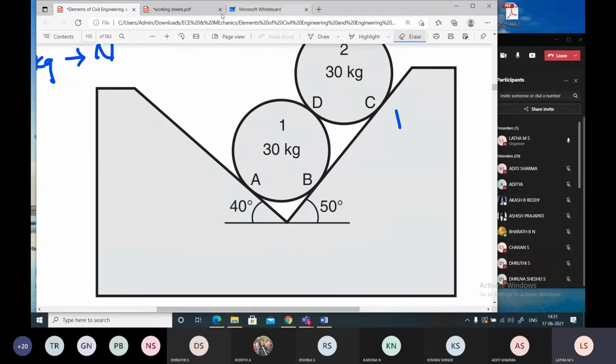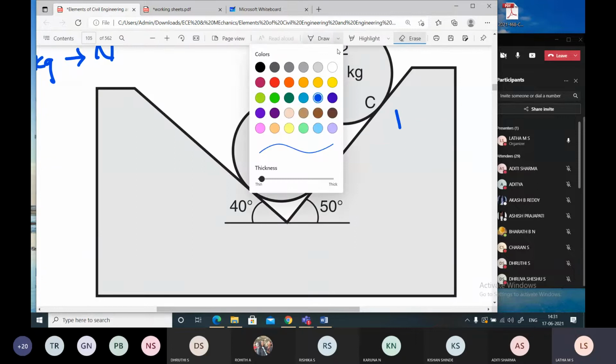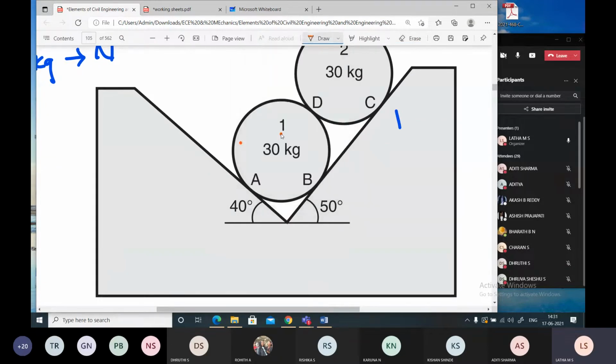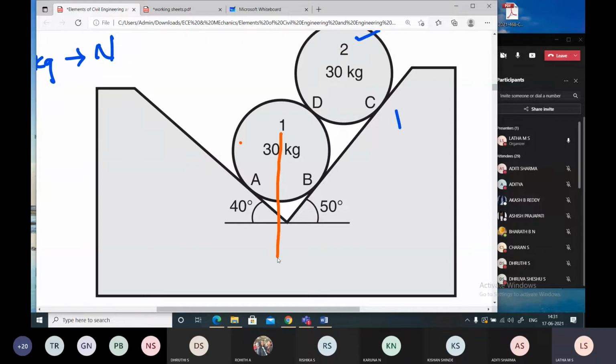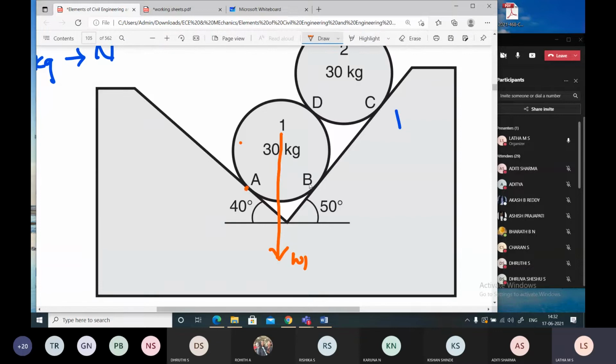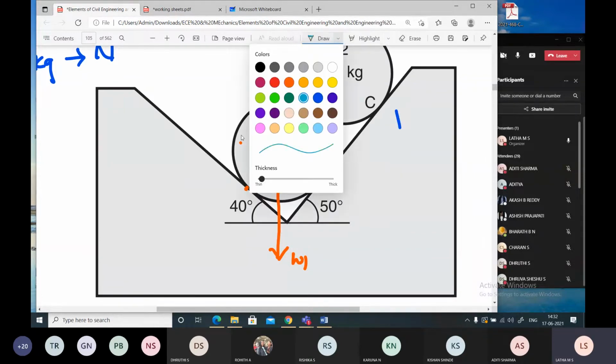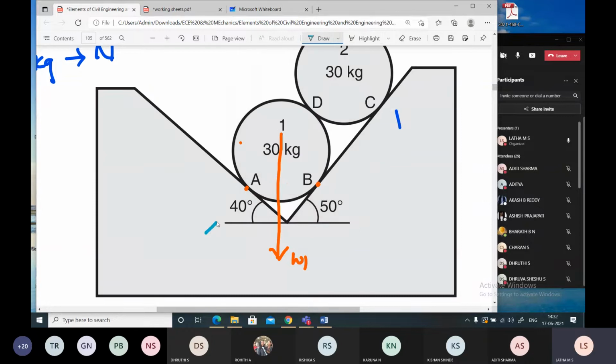Okay, students. Now, coming to ball 1. Tell me, what is the weight acting for ball 1? It will act vertically down. Okay, W1. Now, it is in contact at point A and point B. I told you the reaction will always be perpendicular.